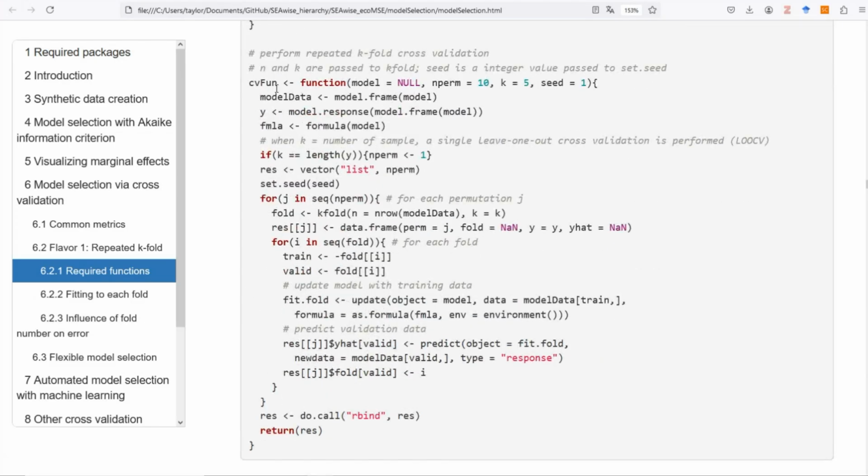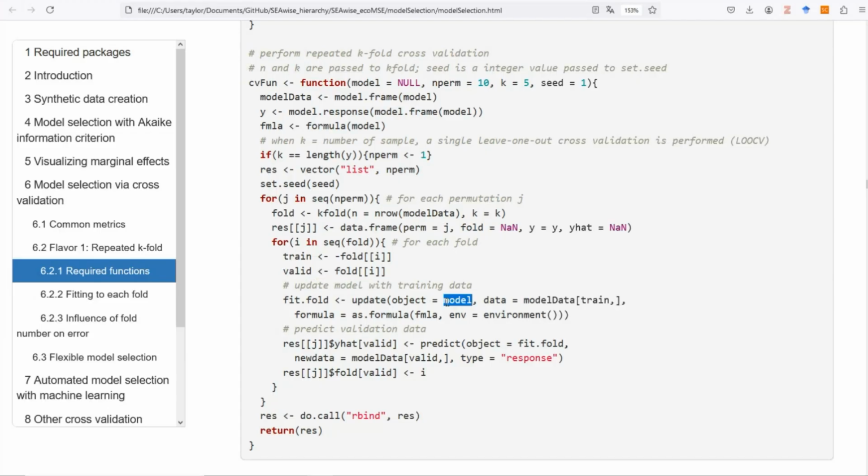And for the next function, it takes a model input. So this is the model that I want to refit to each of the folds. And I first get the response variable out of it. I'm getting the formula out of it. And then this outer loop is for each permutation, so each repeated k-fold. And once it gets into the inner loop, it's dividing up the data into either training or validation data sets.